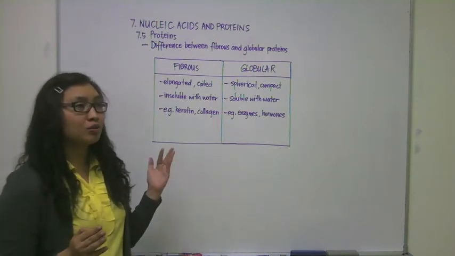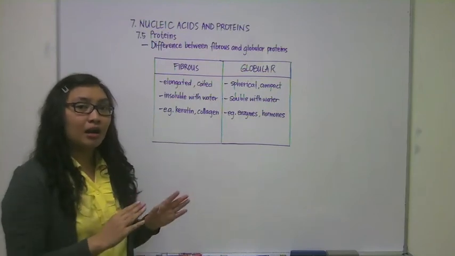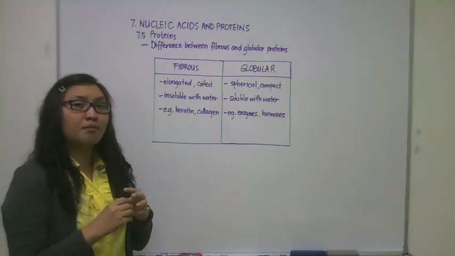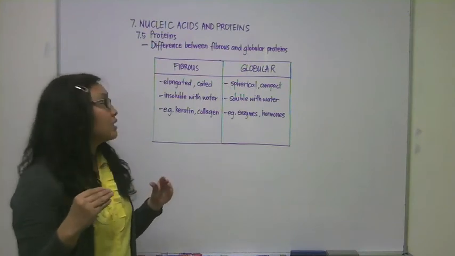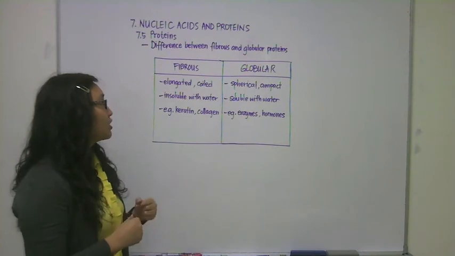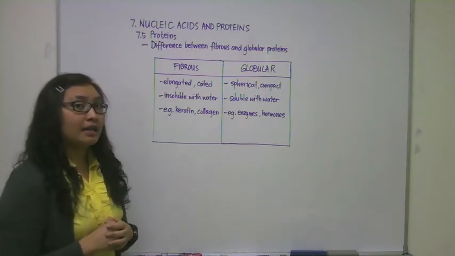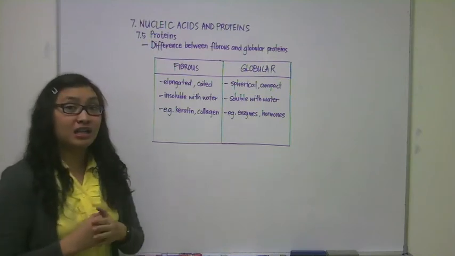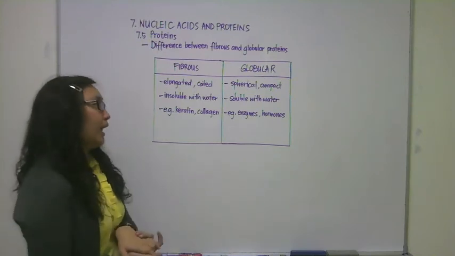If we put together alpha helix structures, they form a more structural protein. Usually fibrous proteins are insoluble in water. An example of that is keratin and collagen that are found in our hair and in the skin.